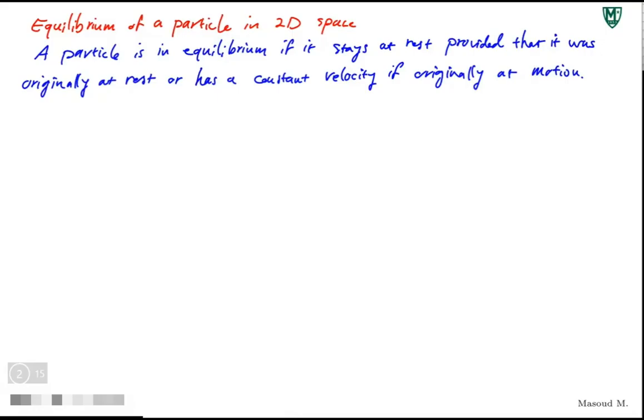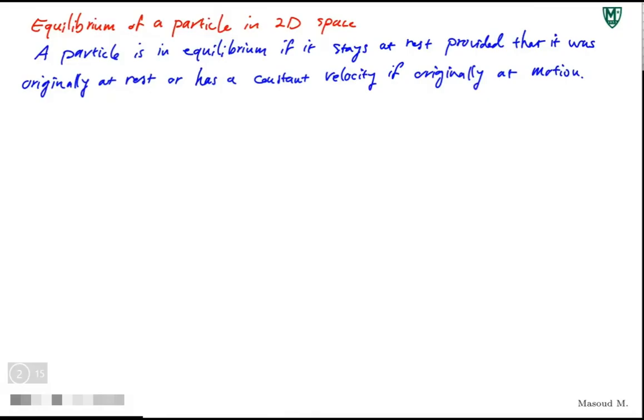Now, we specifically talk about static equilibrium in this course a lot. And it's used when the object we're trying to study is at rest. Right? So equilibrium can either be at rest or moving with constant velocity.